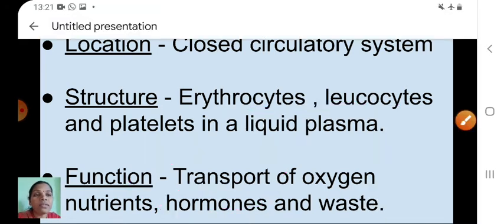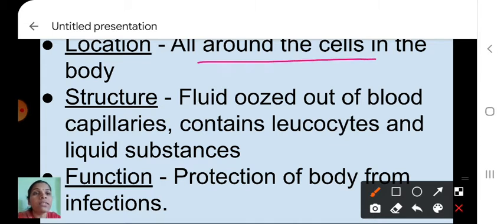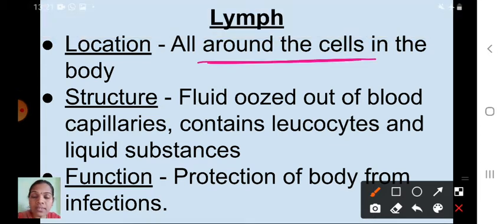So next one is, see here, next type of connective tissue is what? Lymph. Okay, where is it located? All around the cells in the body. All around the cells in the body, which connective tissue is there? Lymph. And next one is what? Structure: fluid oozed out of blood capillaries contains leukocytes and liquid substances.